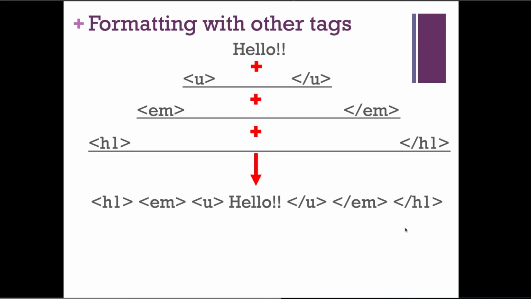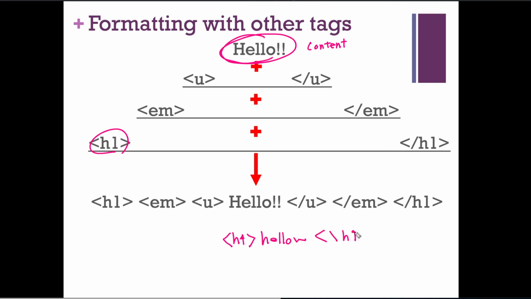But before we use it, the most important thing is here. Combining formatting with the other tags is very important. Look at this. This is my hello, which is my content. Let's say I want to use H1. So say H1, and say hello, and close H1.